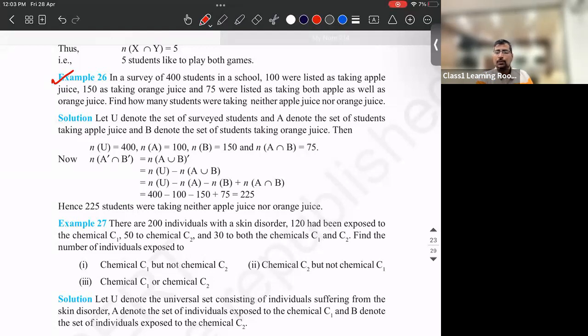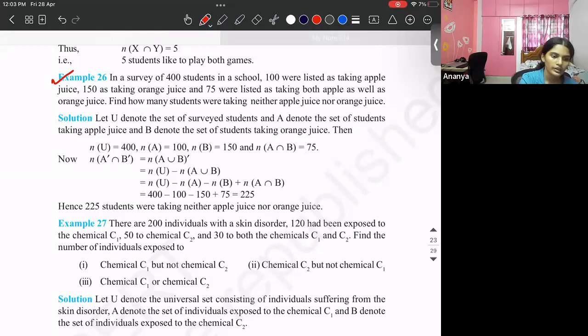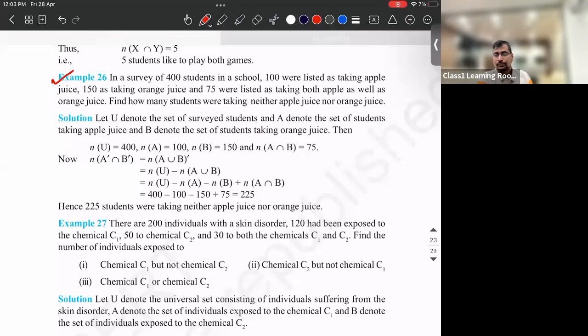N of C1 is 120, N of C2 is 50, N of C1 intersection C2 is 30. Find the number of individuals exposed to chemical 1 but not chemical 2.